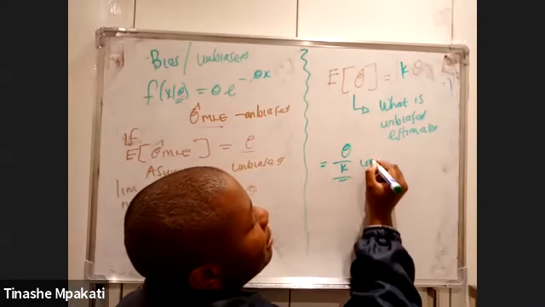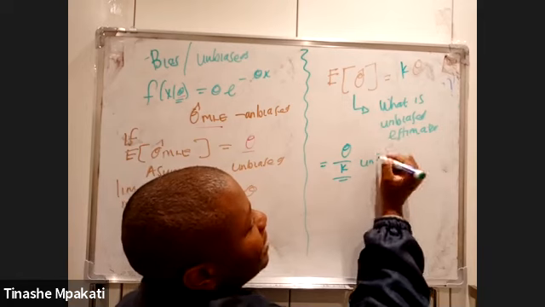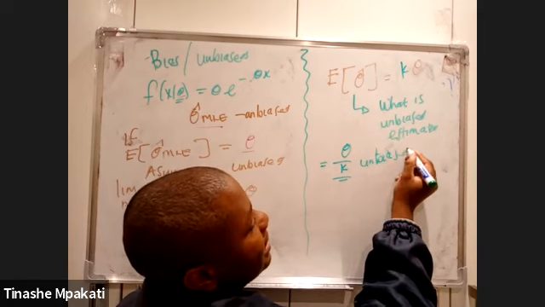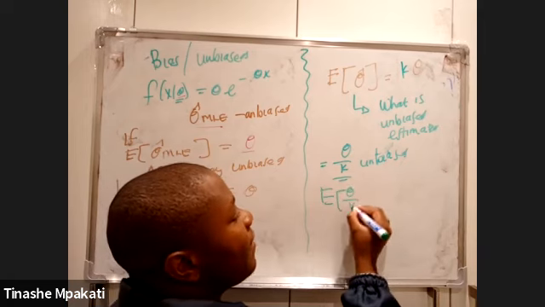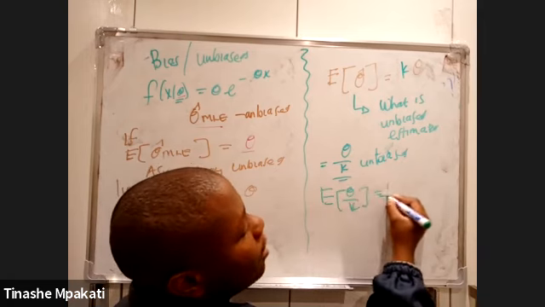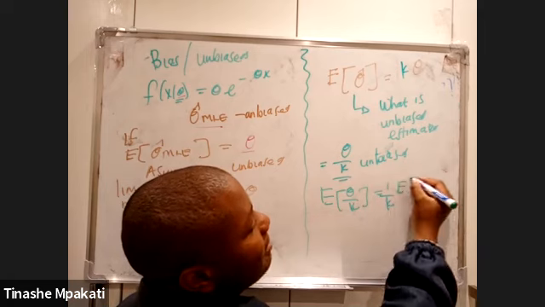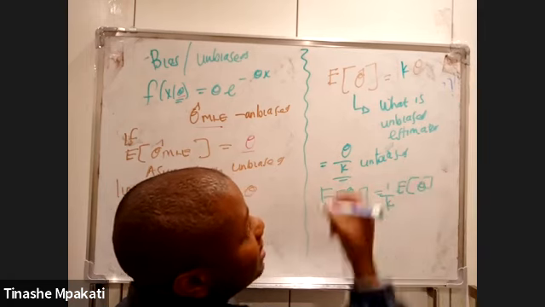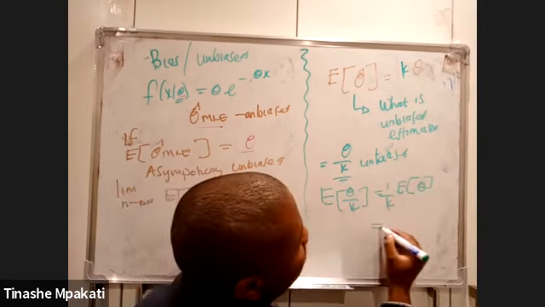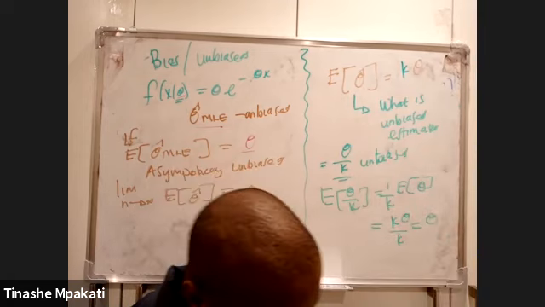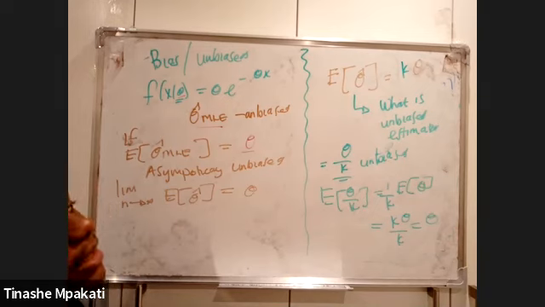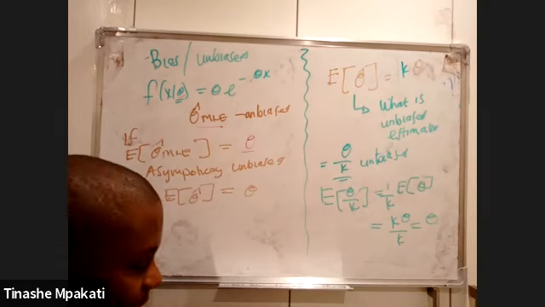This will be unbiased. I will prove it to you. The expectation of theta over k will be equal to 1 over k multiplied by the expectation of theta, which we found to be k theta, over k, which is just equal to theta. Hence I say that is unbiased.